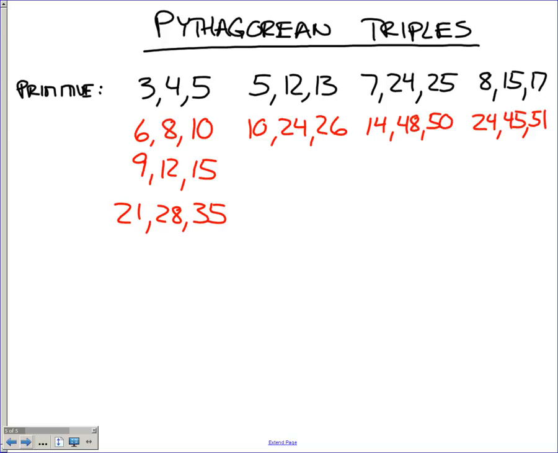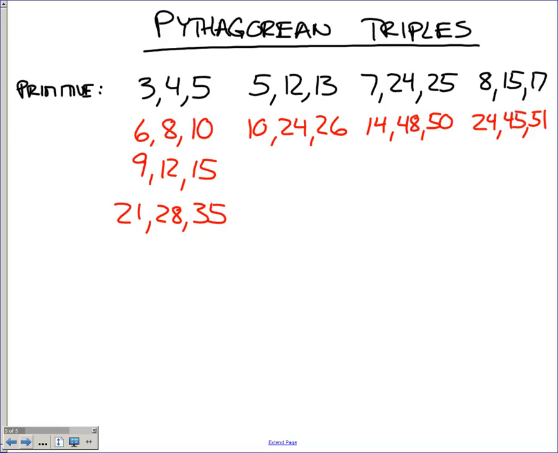All right, that's still in the family of the 8, 15, 17, and since the 8, 15, 17 is the primitive, we're just looking for multiples of these. Now, on the bottom of page 429, they have an entire list of each of these.